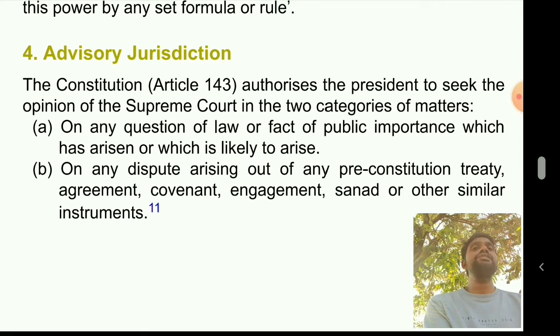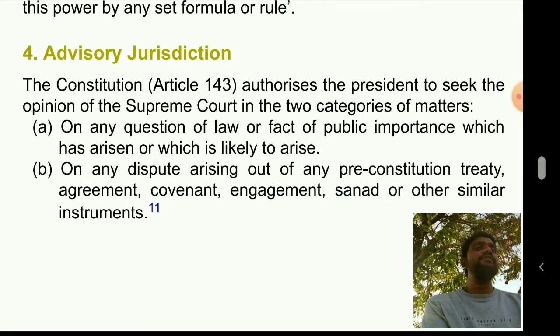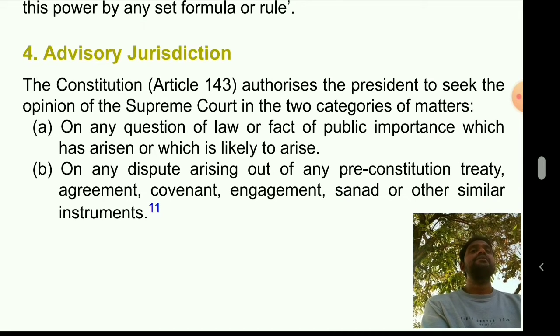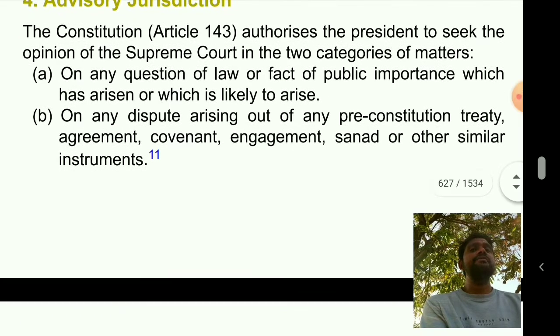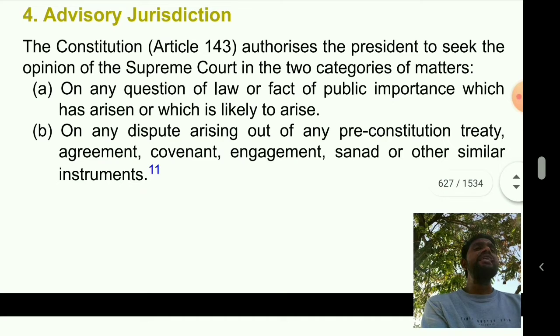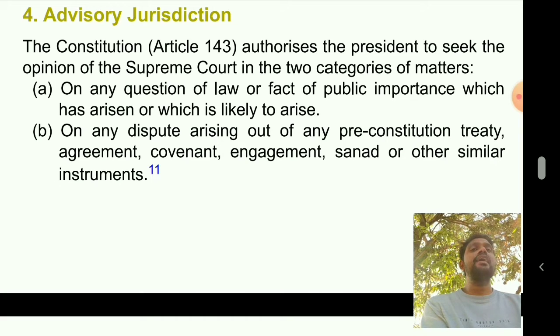Fourth is advisory jurisdiction. The Constitution under Article 143 authorizes the President to seek the opinion of the Supreme Court in two categories of matters. A. On any question of law or fact of public importance which has arisen or which is likely to arise.